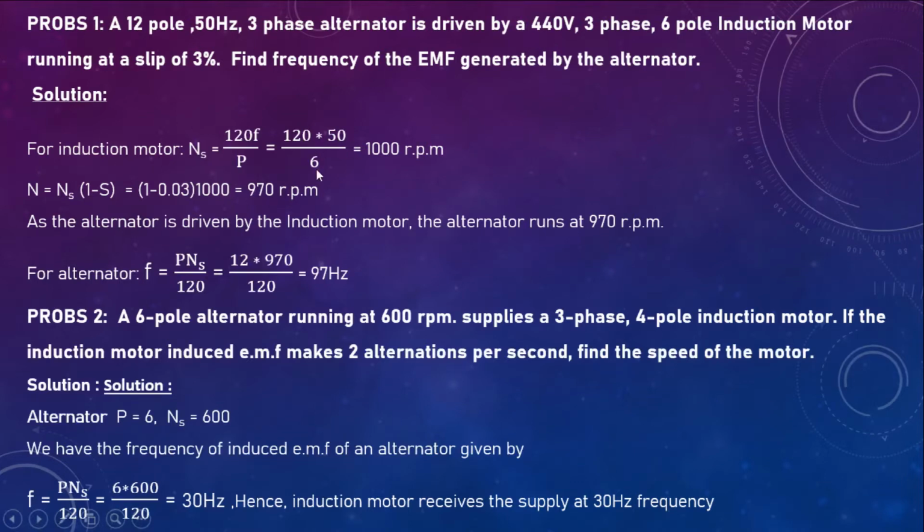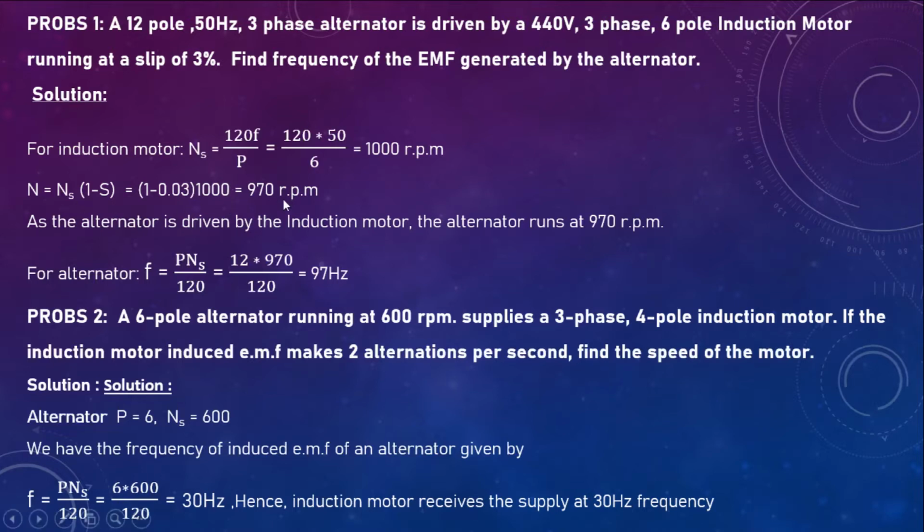Let's see, induction motor. For induction motor, ns is equal to 120 f by p. So 120 into 50 hertz, same as the supply frequency, divided by 6 pole induction motor, so 1000 rpm. So that is the rotating magnetic field speed of induction motor, 1000 rpm.